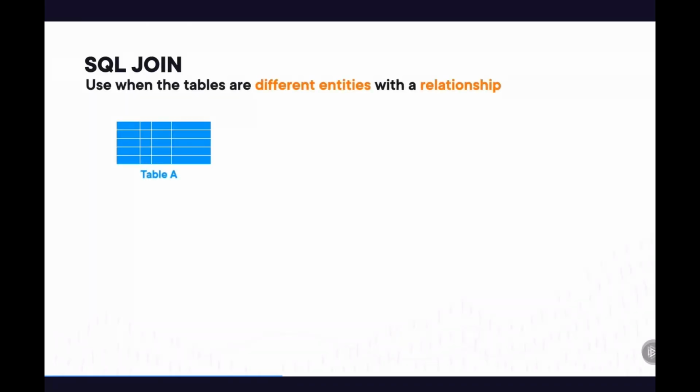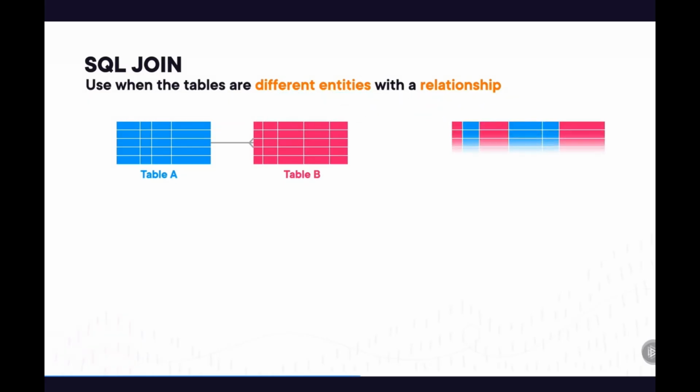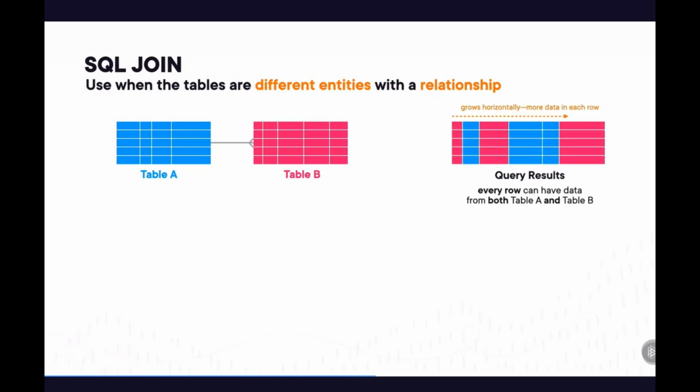We use a join when the tables represent different entities that have a relationship, like a customer table and an order table, or employee and department. And we join those tables with very different data. So every row could use some columns from table A and some columns from table B.